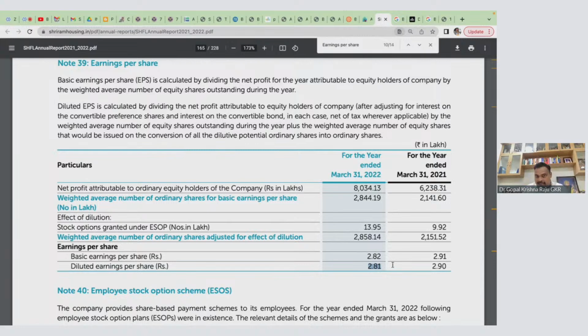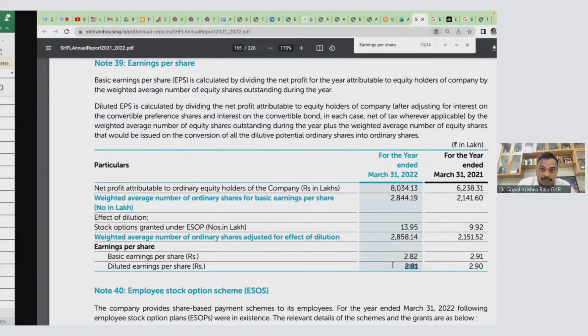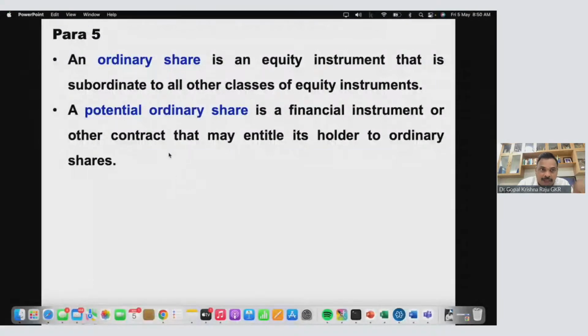Not necessary. Both can be equal. I gave an example, and your international accounting standard says if both are equal, don't disclose diluted EPS at all. But in our standard, and this is the difference I want to give you, Para 5: an ordinary share is an equity instrument that is subordinate to all. That is ordinary equity.